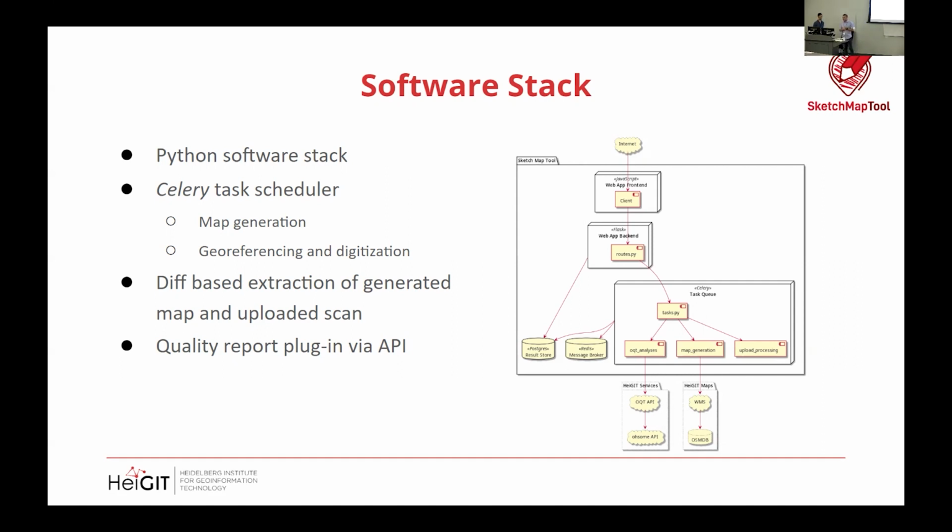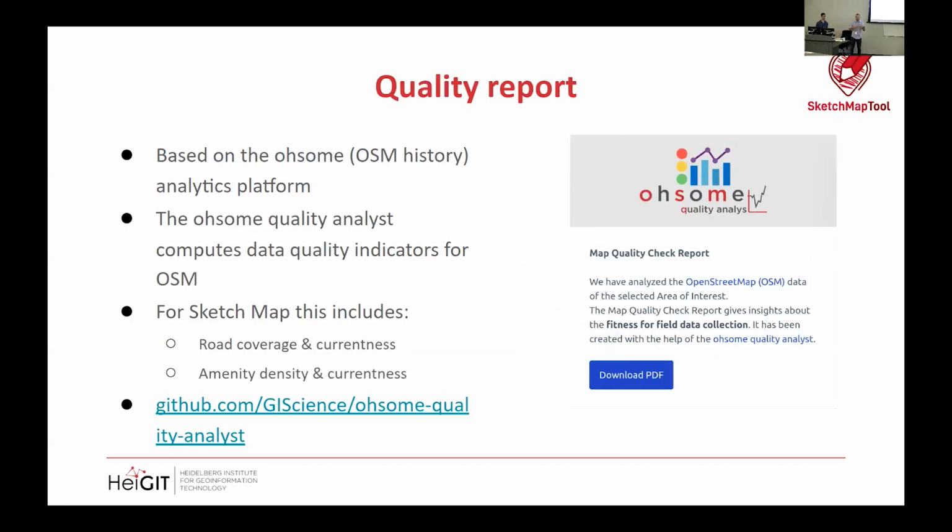And there's also a quality report plugin. This is a different service we build and maintain in our research institute. I talked about that earlier in a lightning talk. This is called the OQT, or OpenStreetMap Quality Analyst. It's a platform where different quality indicators based on OpenStreetMap come together with intrinsic and extrinsic quality checks. For the SketchMap, we don't use all the quality indicators, just the coverage and currentness of the road network and amenities.